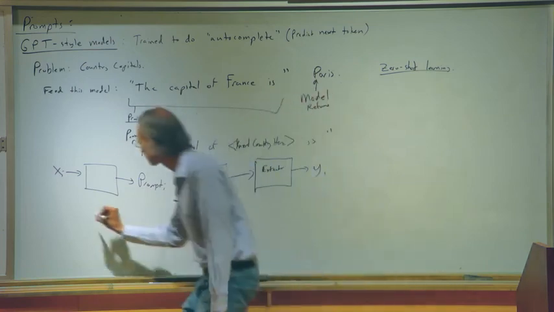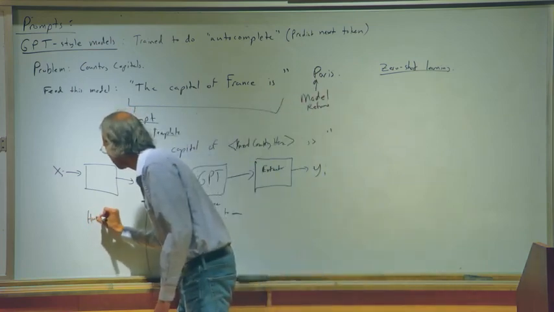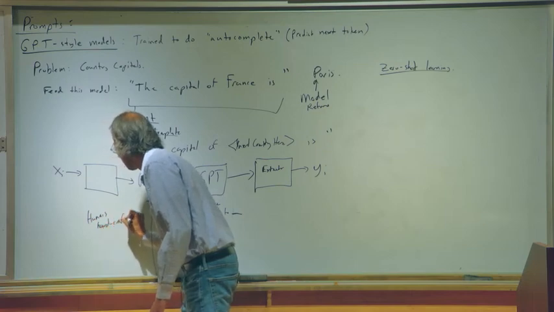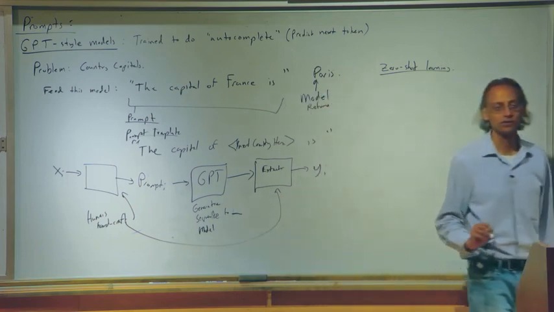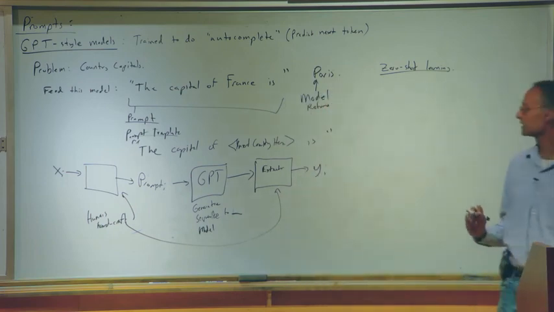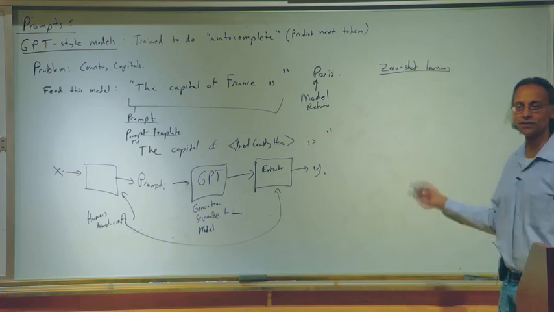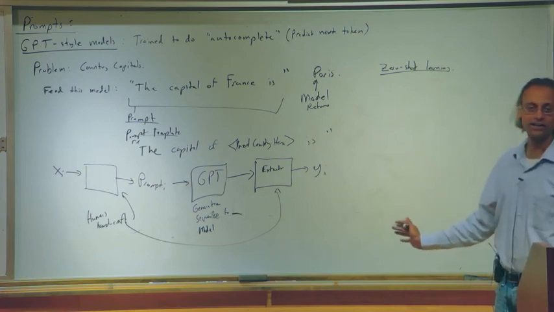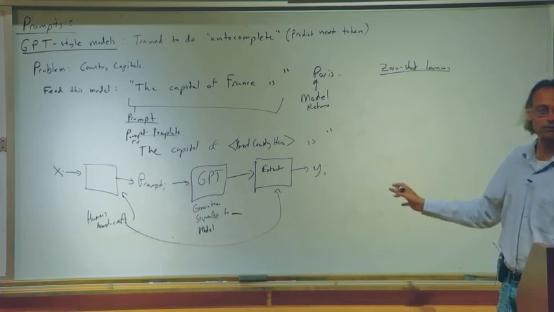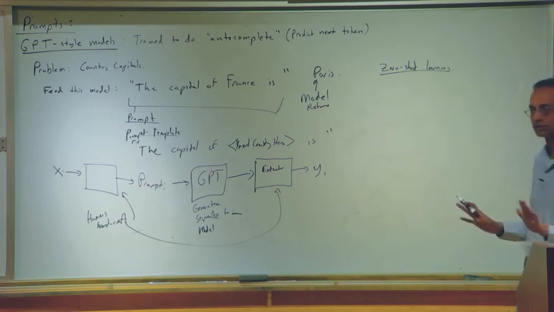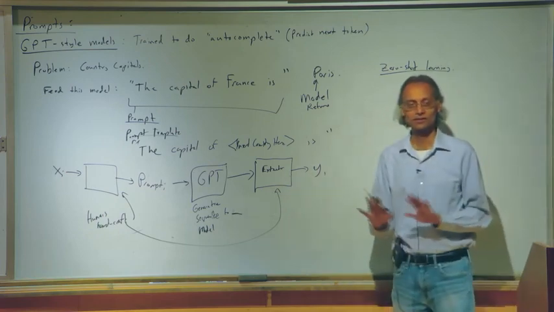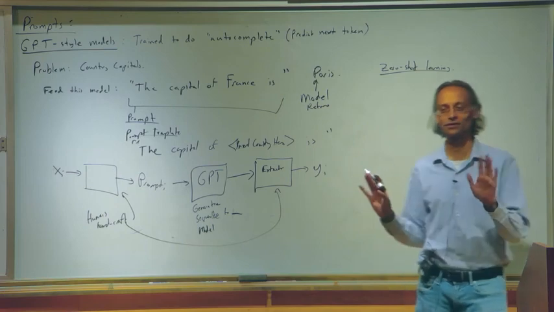So humans handcraft this box and this box. In particular, these are handcrafted boxes that run on a CPU, are programmed in human-readable programming languages. Okay. Everyone good with this?